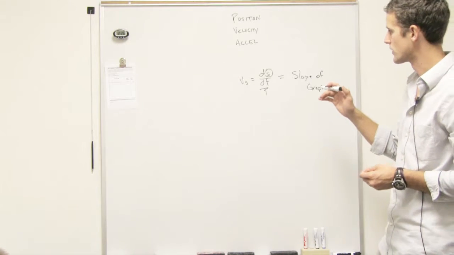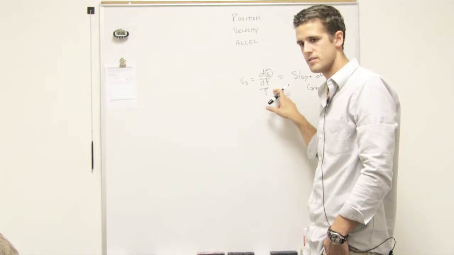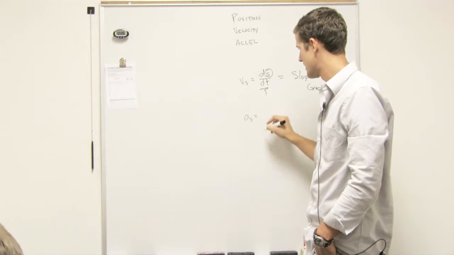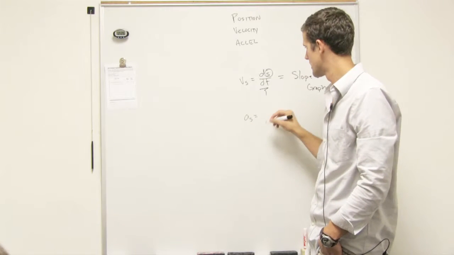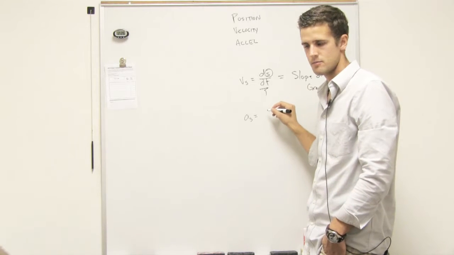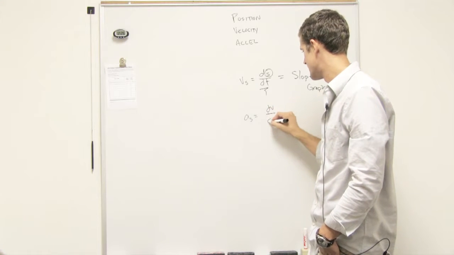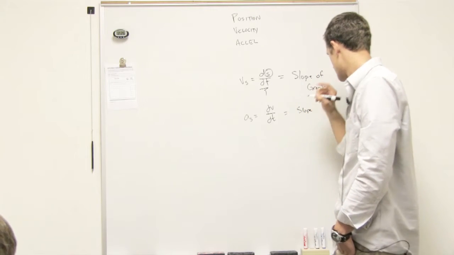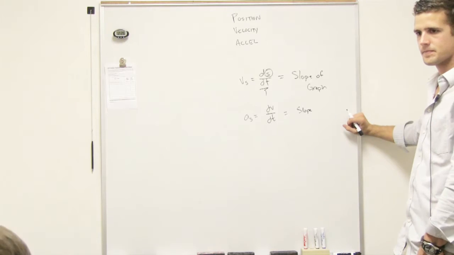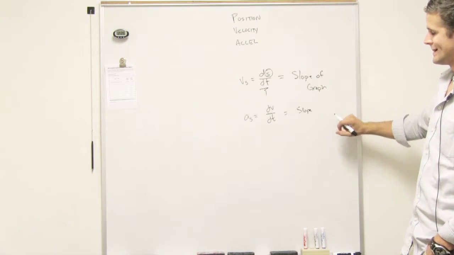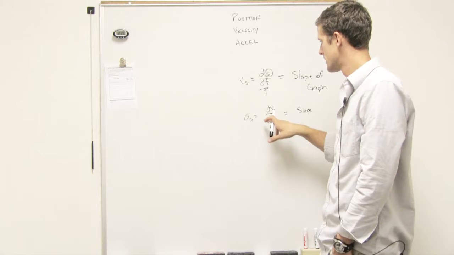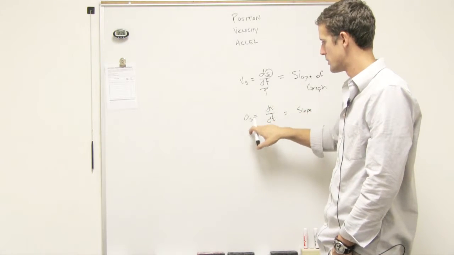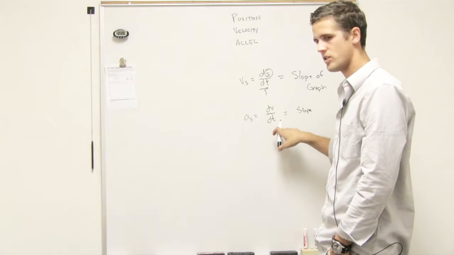And then it says something about the acceleration, right? It says acceleration is equal to dv dt. So velocity is the derivative of position, and acceleration is the derivative of velocity.